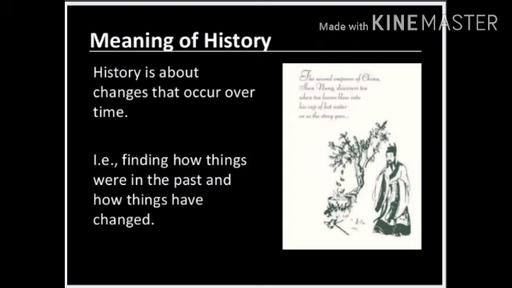For example, take the events of 1947, and today we are in 2020. If we want to know what happened in 1947, how our India got independent, it's history that tells us about these things.